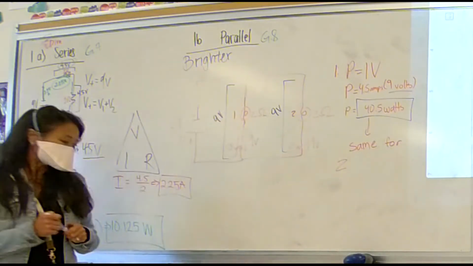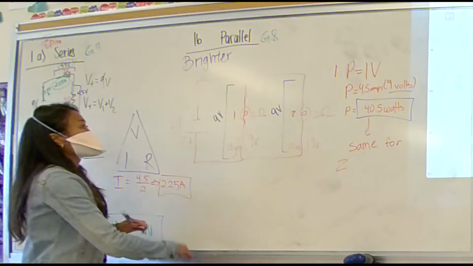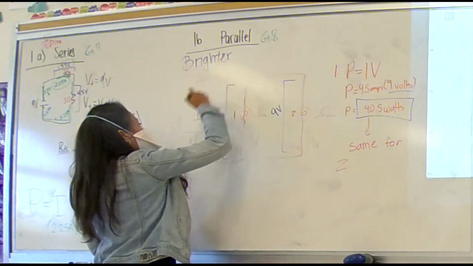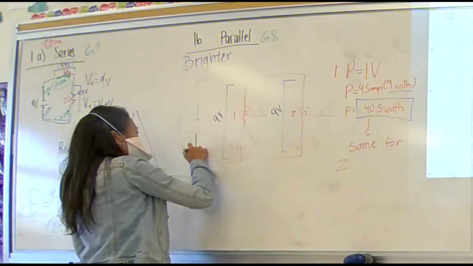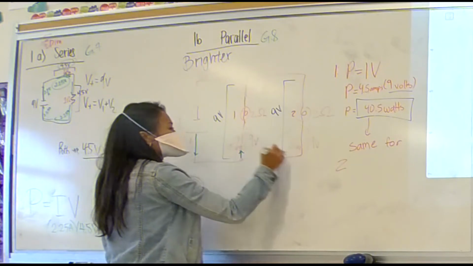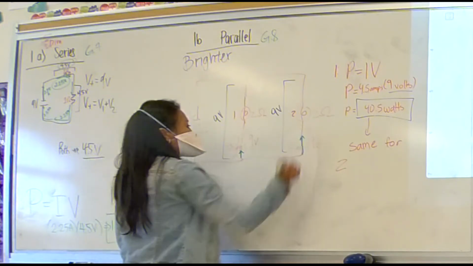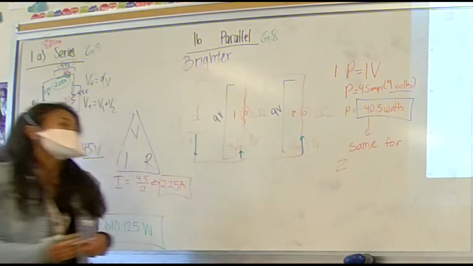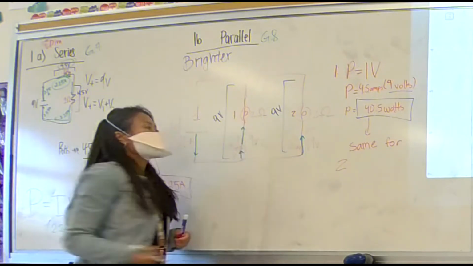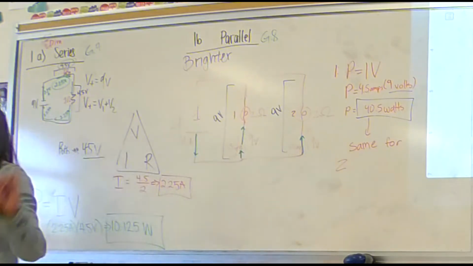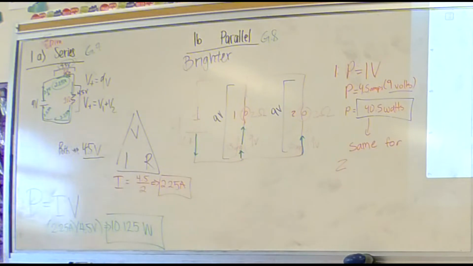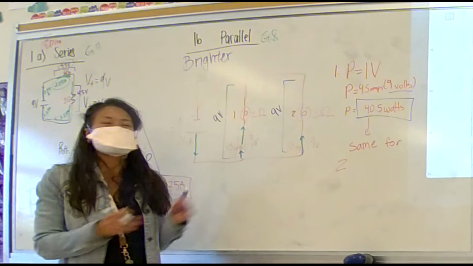Now, unlike a series circuit, the current that comes out of the battery, let's say it's coming out in this direction, is going to be different as it travels through each light bulb. And because each resistor is equal in value, you can literally take your total current and split it in half.